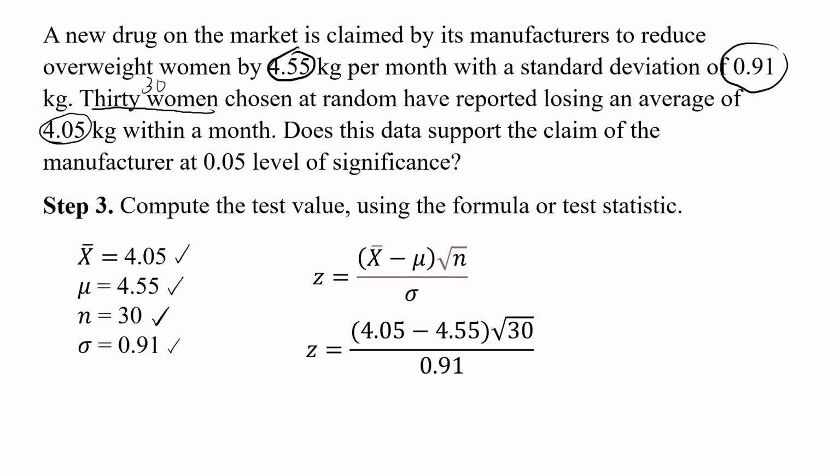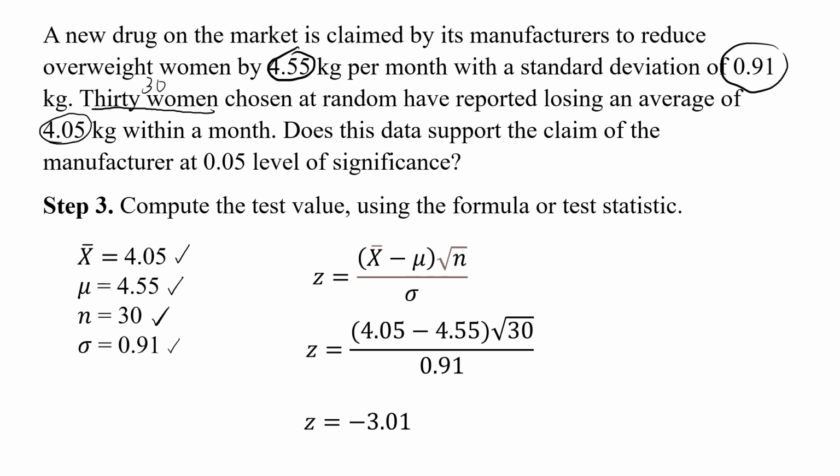So, now substitute all this given to the formula. Okay, so yung sample mean natin is 4.05 minus 4.55 times the square root of 30 all over 0.91. Okay, so kapag kinumpute natin yan using our calculator, we will get negative 3.01.